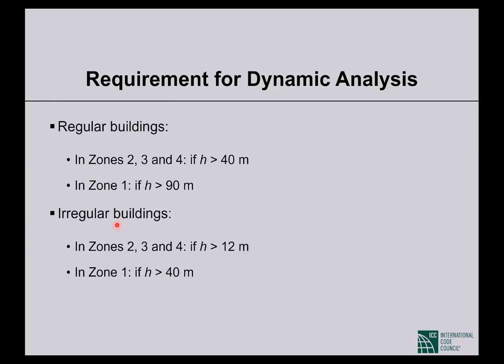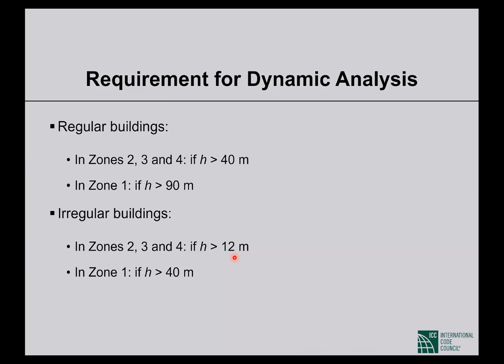But you see, for irregular buildings, this is so much stricter. In zones 2, 3, and 4, if the height is more than only 12 meters, like 4-storied, can you imagine? You are going to design an apartment building. Usually in Dhaka, the apartment buildings are all 6-storied, 7-storied, and above.